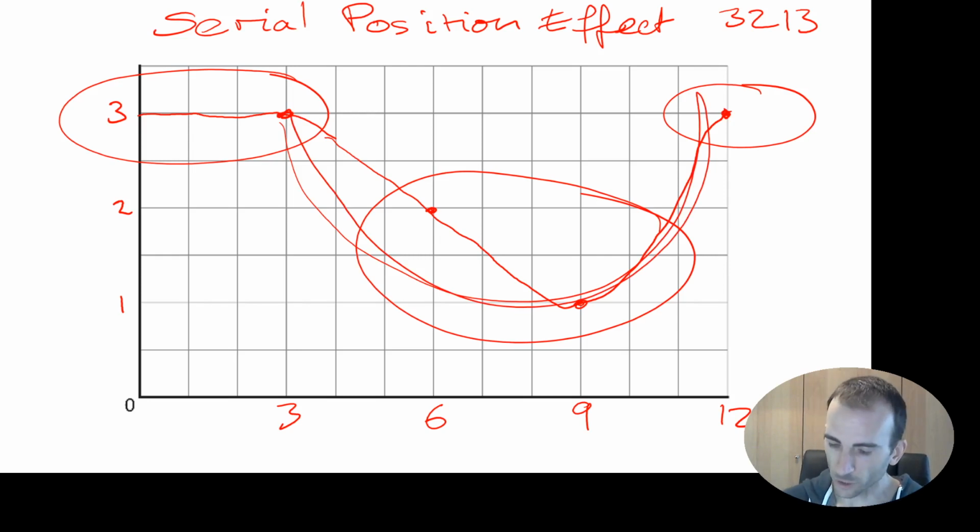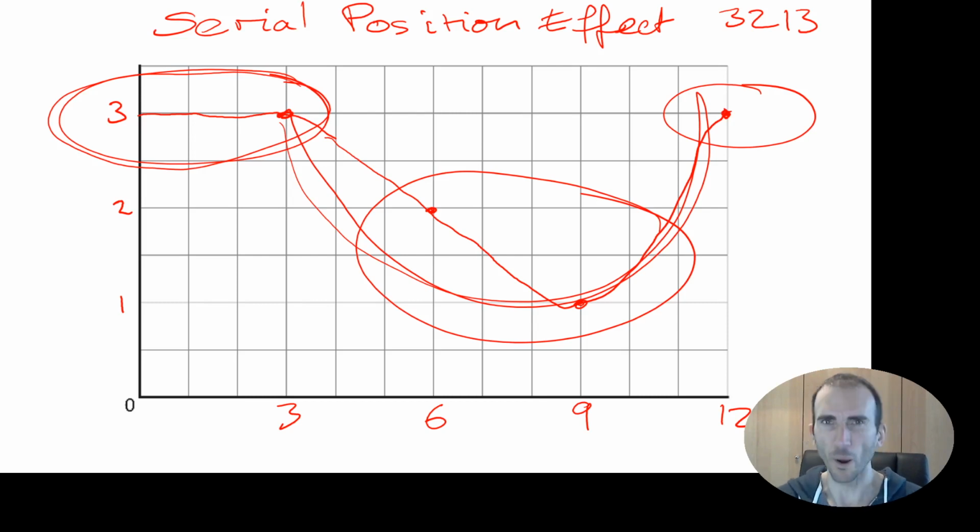What that's referring to is getting more correct at the start. We call that primacy. Primacy sounds a little bit like primary, like primary school, your first bit of schooling, the first thing you're doing. So the primacy effect is doing better with the early items that you're trying to memorize.